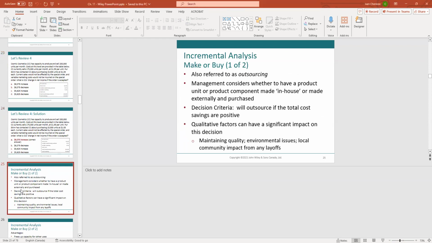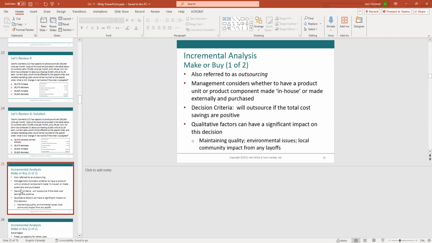Next decision that we have to make today is should I make it or should I buy it? In other words, should I outsource? Obviously, all management considers this. Should I make it in-house or should I buy it from outside? What's the decision criteria? Based on what? Are we gonna outsource? Are we gonna make it? Are we gonna order it? Only and only if the total cost saving is positive.